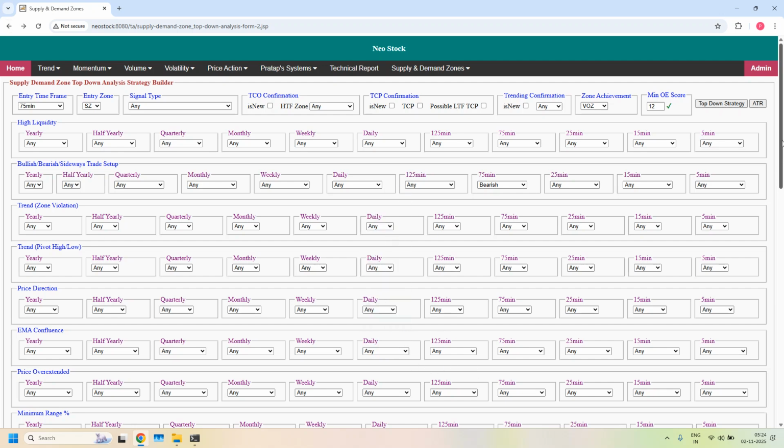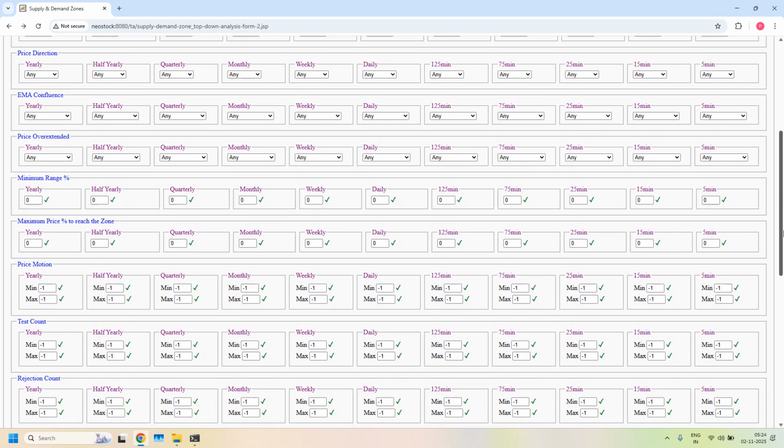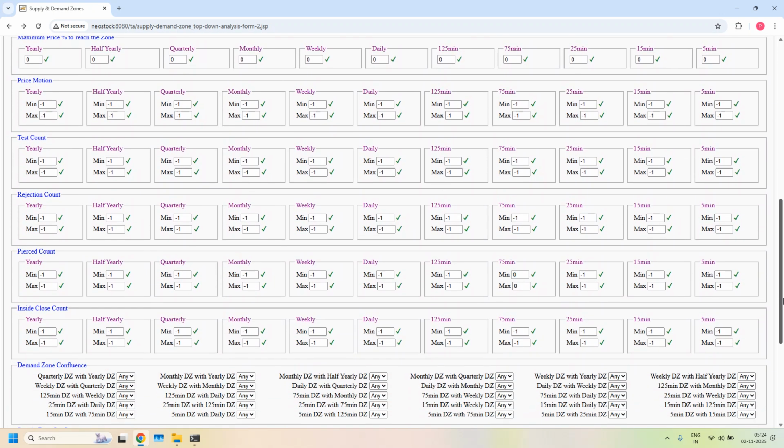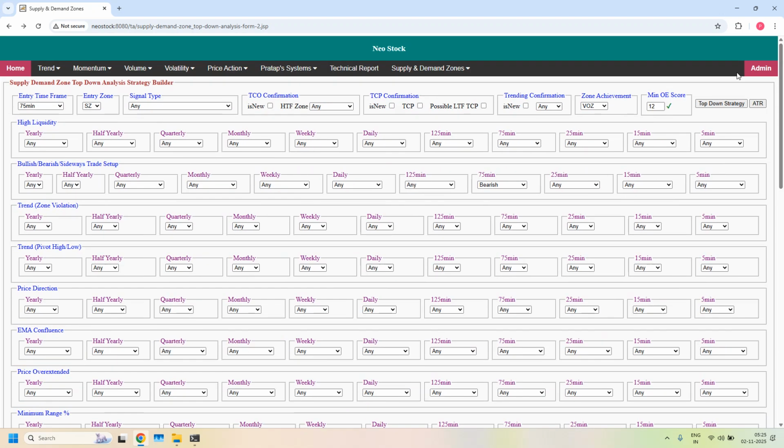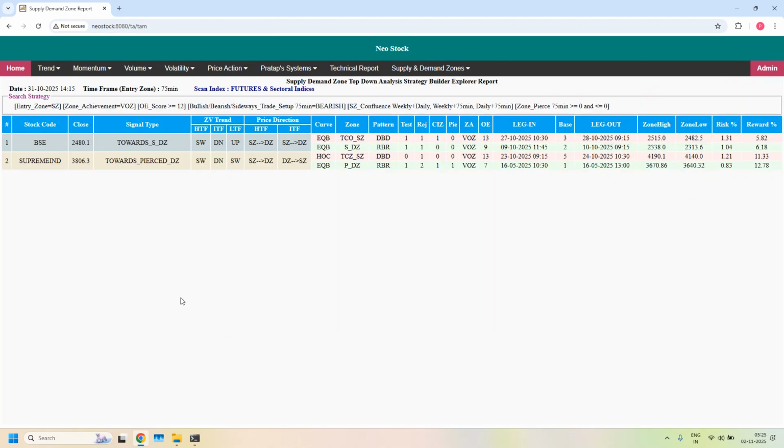Next, let's apply the second strategy, removing the ITF EMA filter. As per the second strategy, LTF, ITF and HTF supply zone confluence and then HTF EMA confluence. So we should enable 3 filters: 75 minutes and daily, 75 minutes and weekly, daily and weekly. By enabling all the 3 filters, we got 2 stocks.